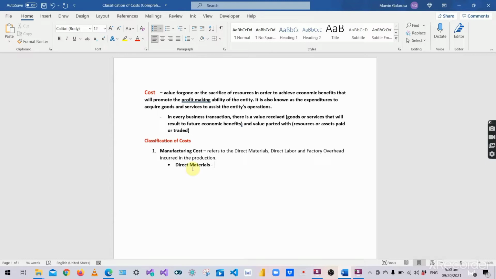Direct materials, it refers to items that form part of the final product and can be measured and directly charged to the product. Bigay tayo ng example.